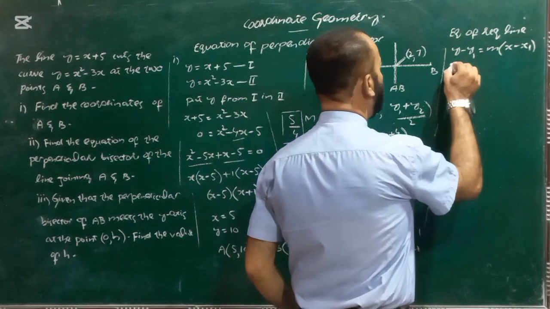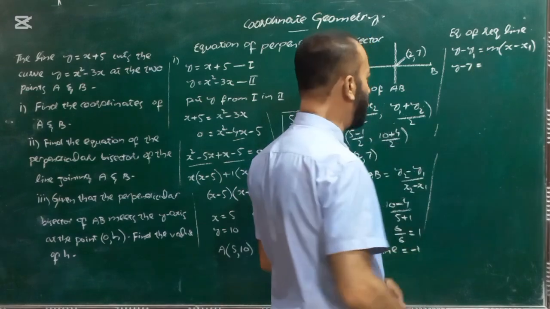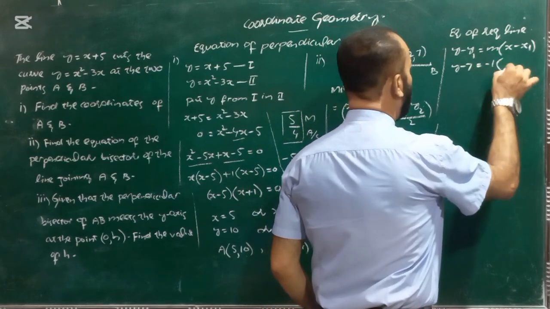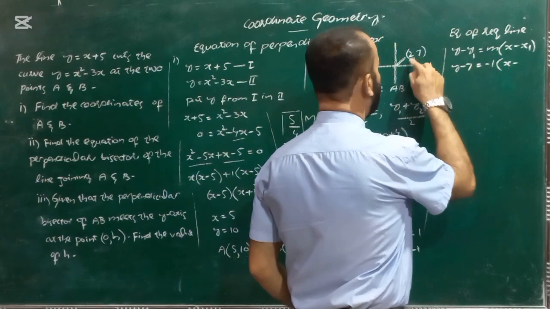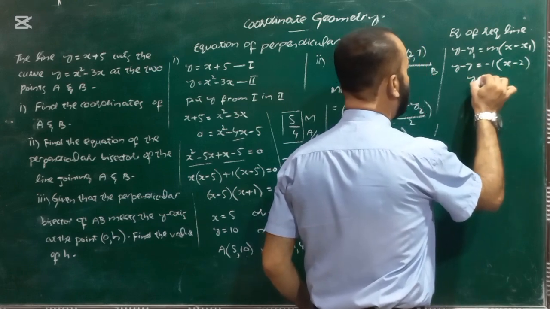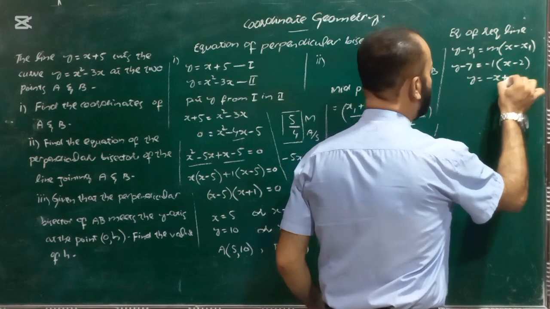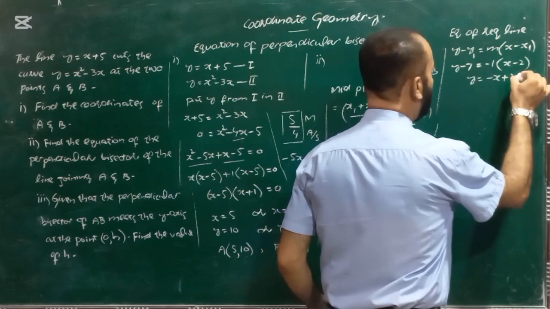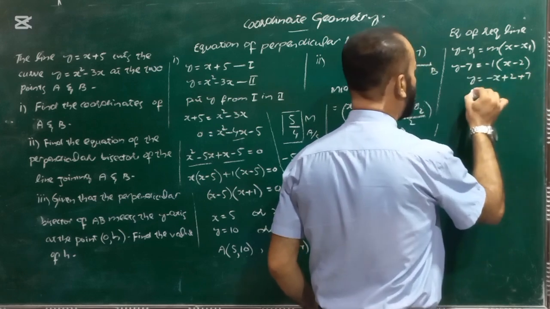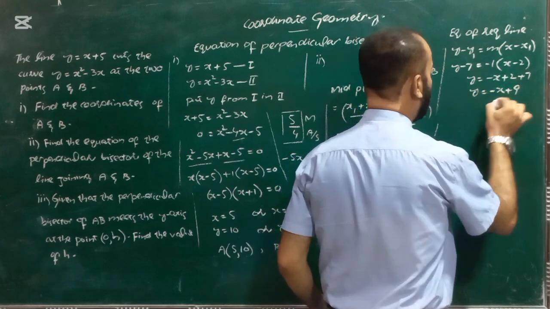So y minus 7 will be equal to m, that is minus 1, into x minus 2. From here you can see minus x plus 2, and this minus 7 will go to the right side. So y is equal to minus x plus 9.